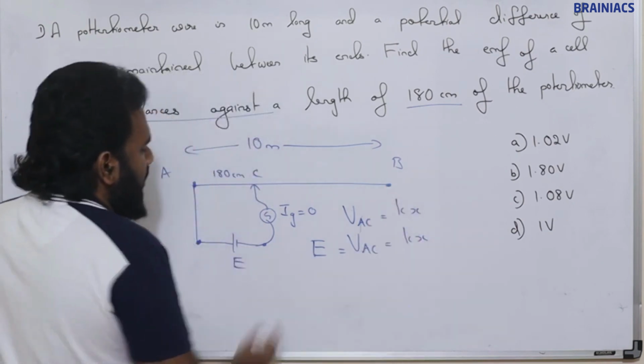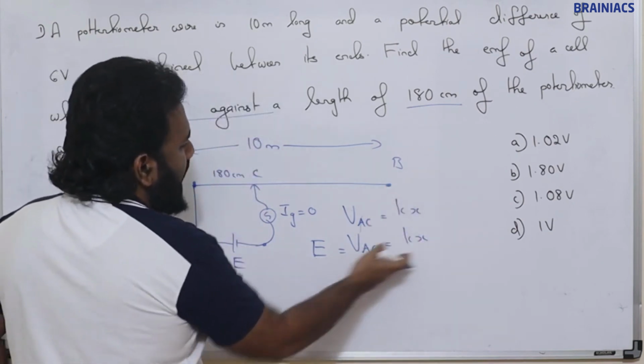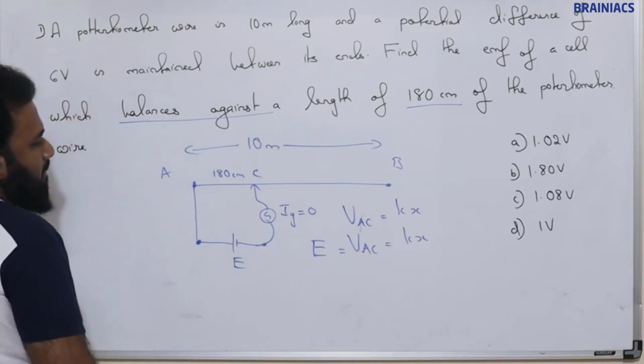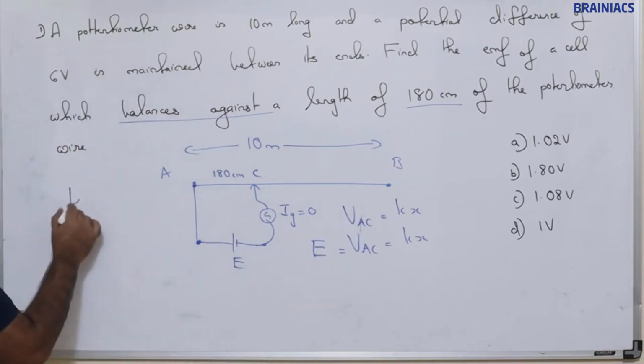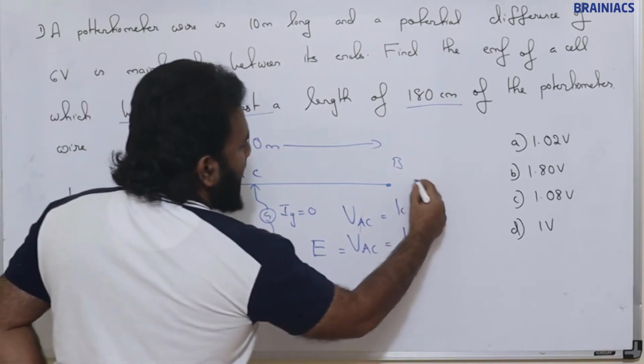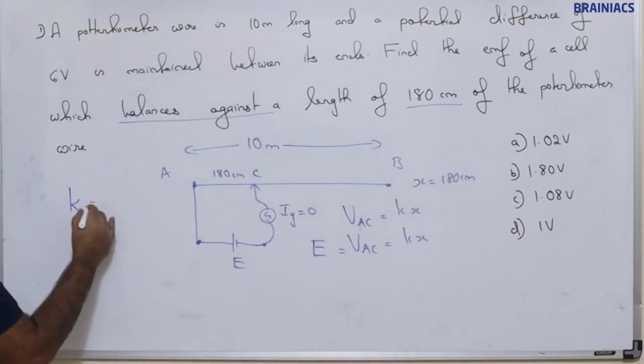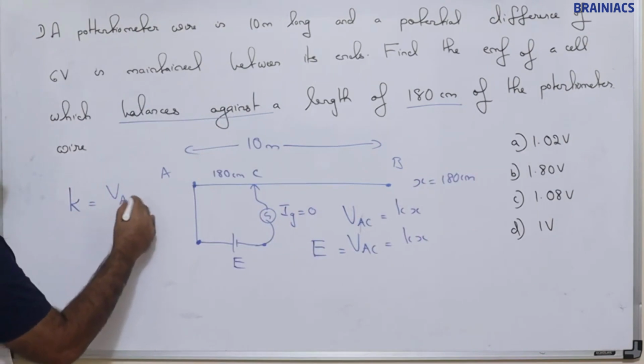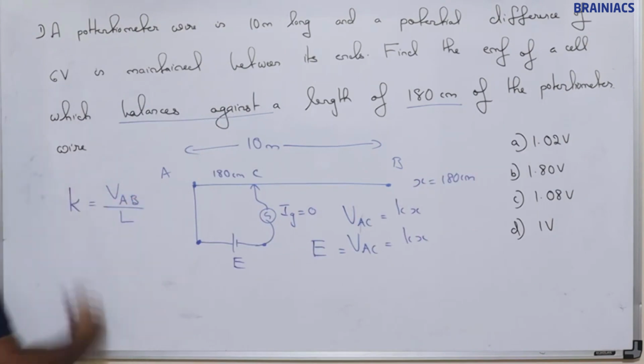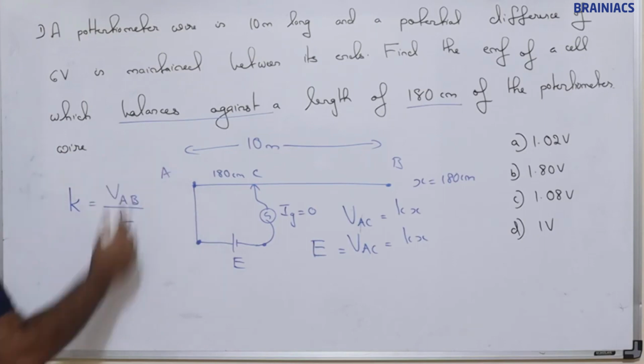So to find the EMF, what can we do? Kx. What is K, and how much is X? X is equal to 180 centimeter, it is given. K is nothing but VAB divided by its length, potential per unit length.